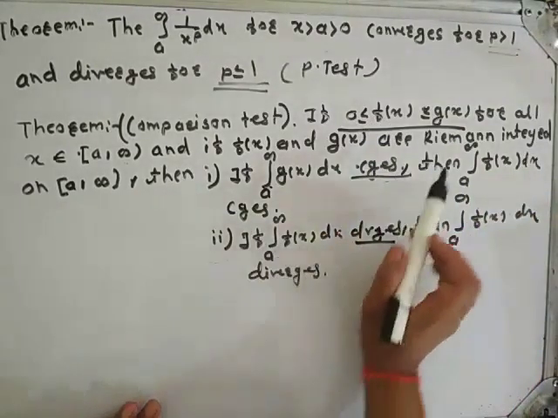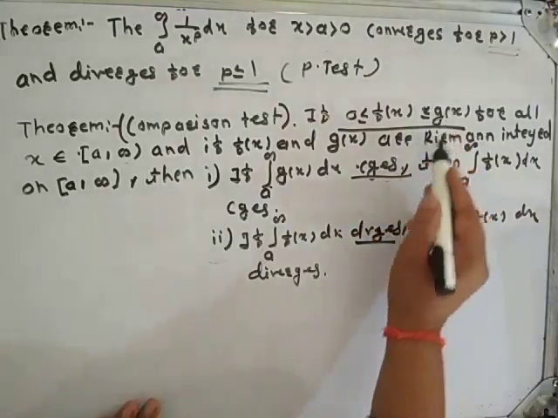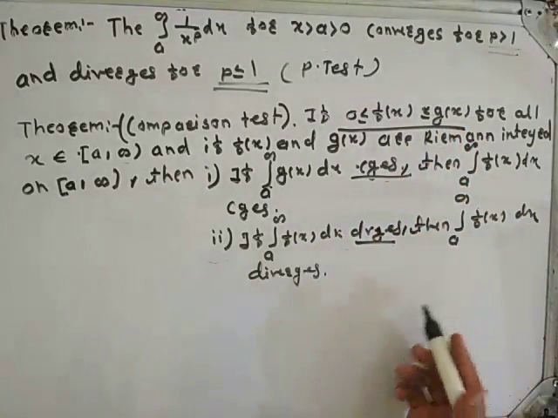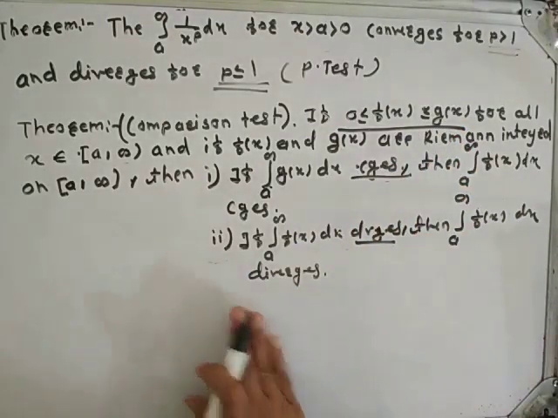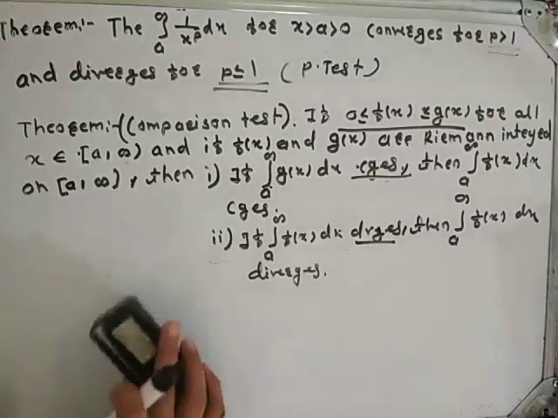Second, if integration from a to infinity f of x dx diverges, then integration from a to infinity g of x dx diverges. This means we obtain convergence and divergence by comparing functions. We will see examples on this test.